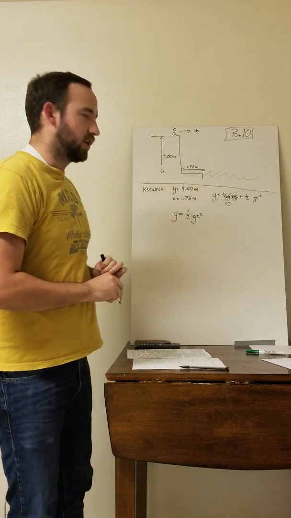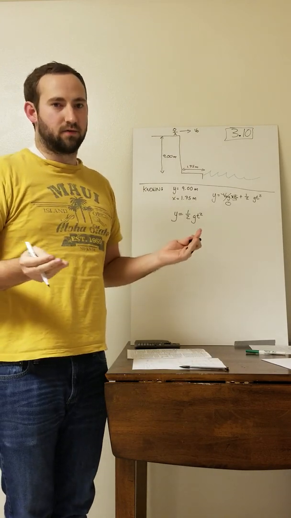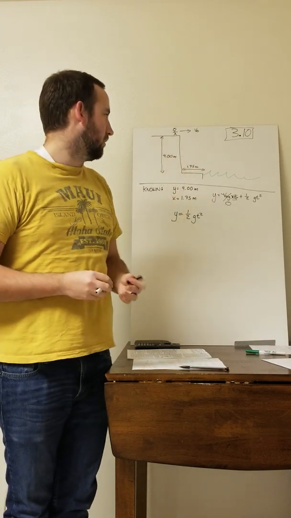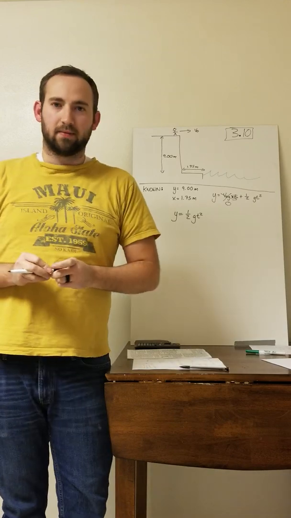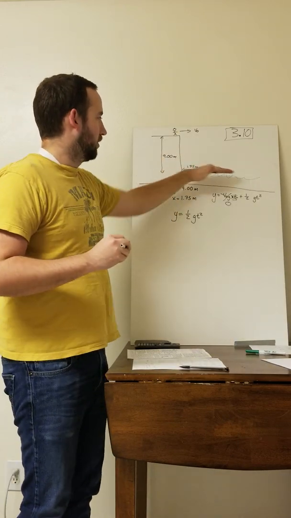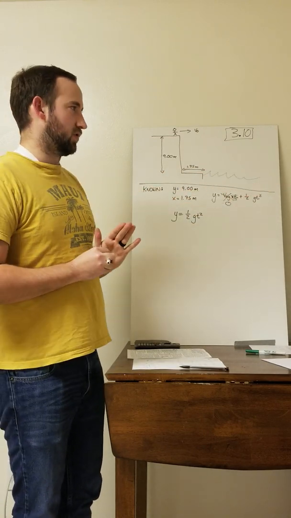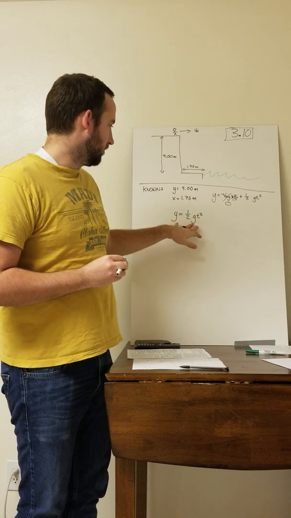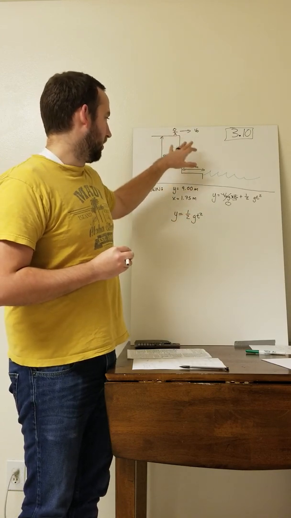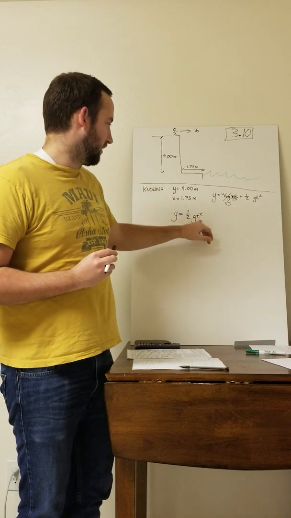Before we can figure out the velocity of this person, we need to figure out the time it would take to get from here to wherever the impact is going to be. To do that, we can use this equation and plug in the values that we know to find the time.